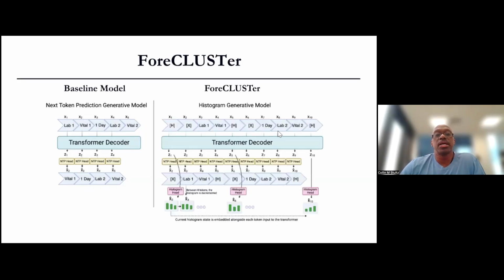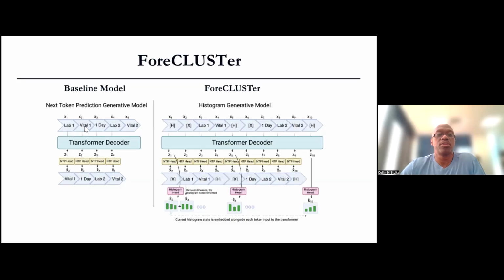Now, what we are undertaking is two separate things. So we have some data which describes a patient's trajectory in time. This is being encoded, similar to what's done here in the baseline model. And for this encoding, we have a next token prediction head, which predicts the next token. However, we have inserted these special tokens within the patient's trajectory.